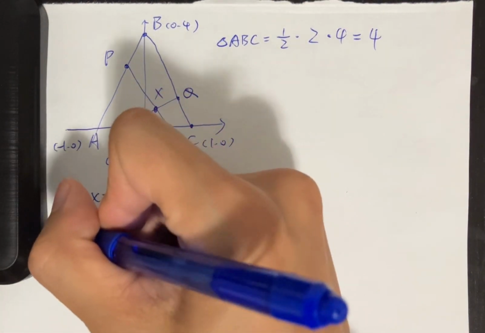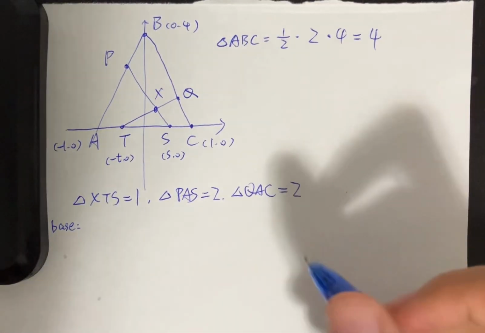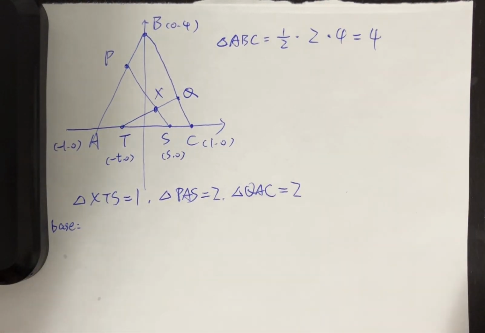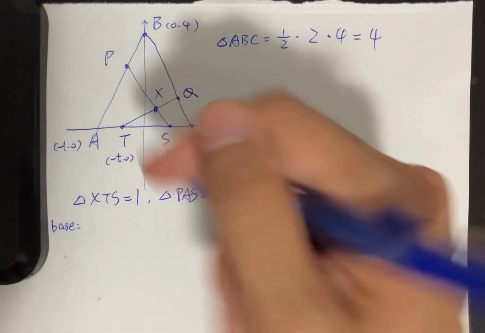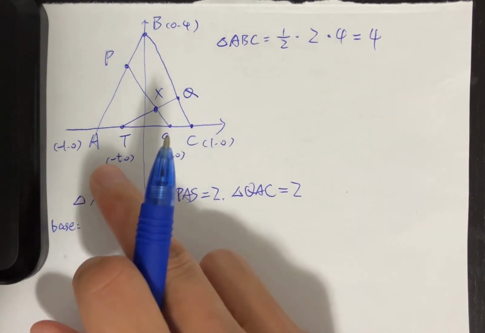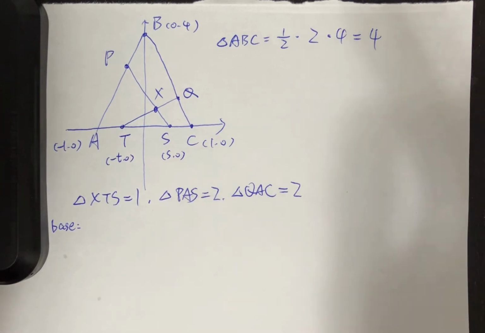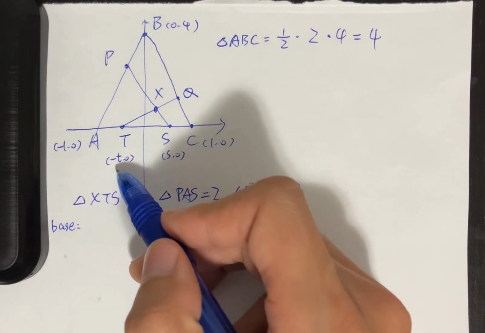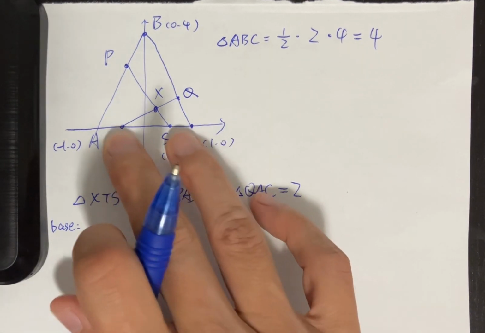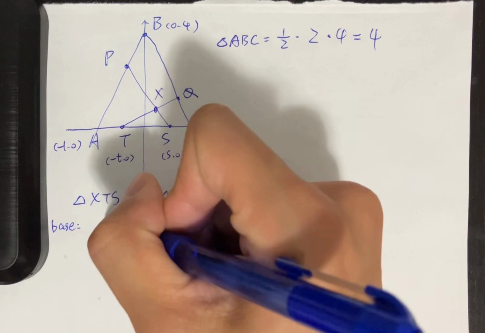The base is S plus T, not S minus T, because please keep in mind that T itself is set as a positive value. The x-coordinate of point T is negative T, so the length of TS is actually S plus T.